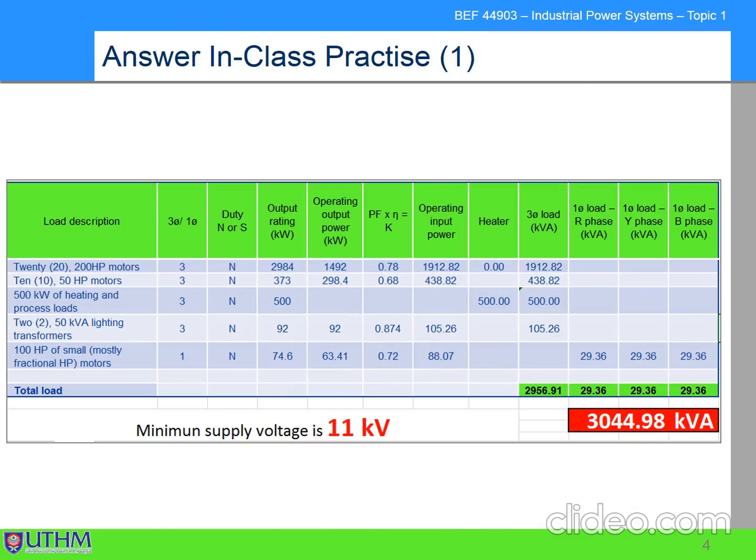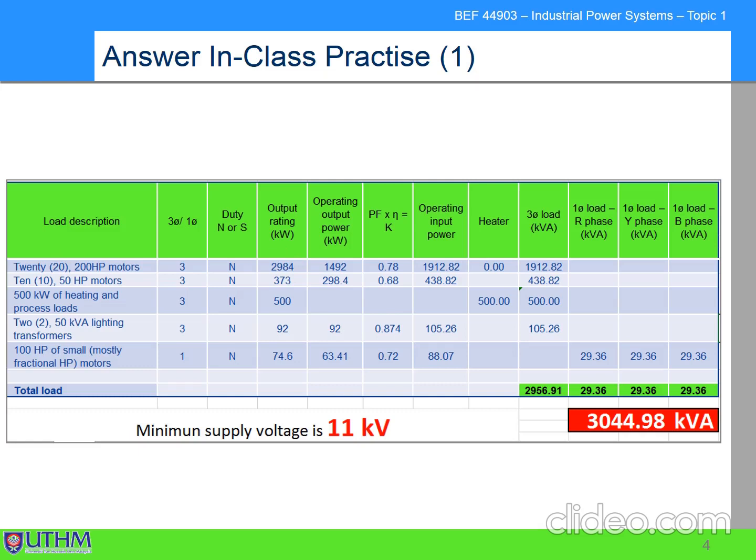Okay, this is the answer for practice 1. We can see here all the loads given in the questions. The first load is 20 units of 200 horsepower. We have to convert the horsepower into watt by multiplying with 746 watt and with 20 units to get the output rating.